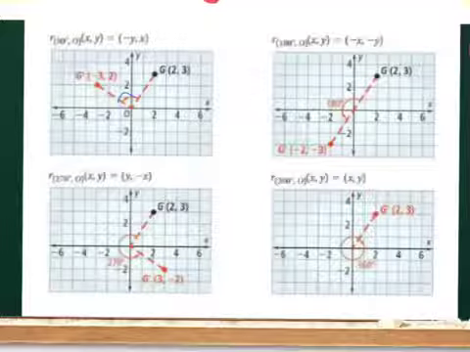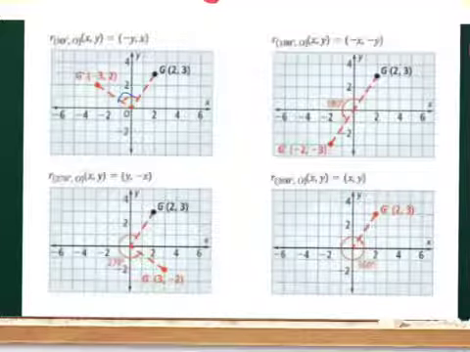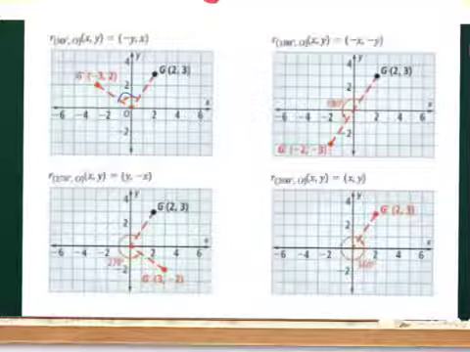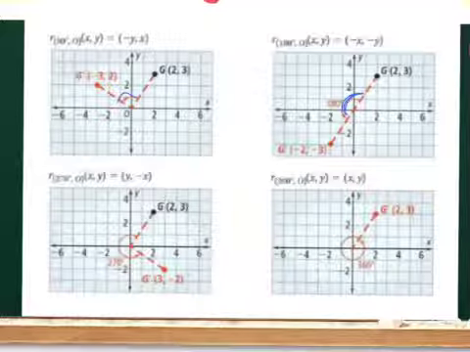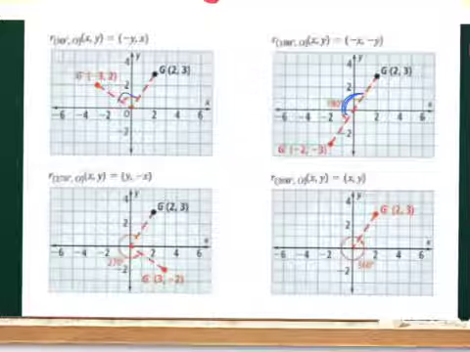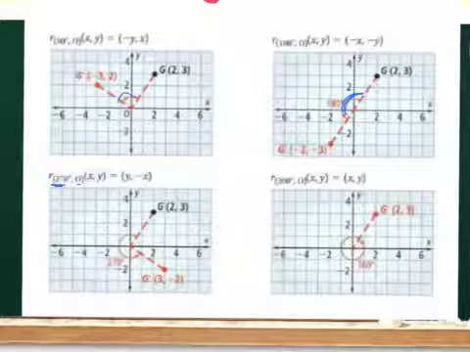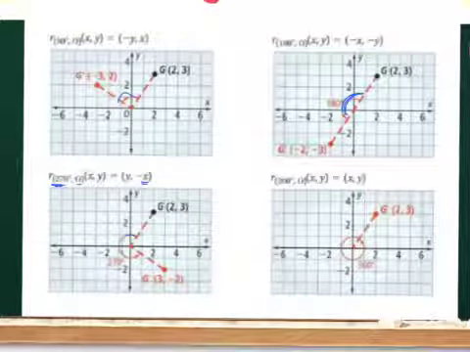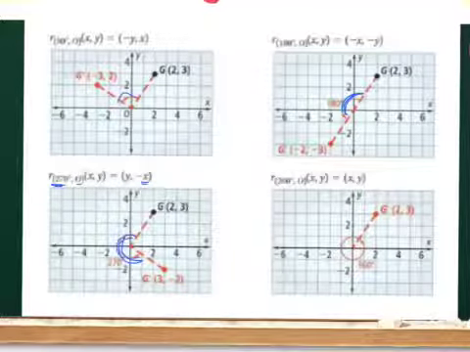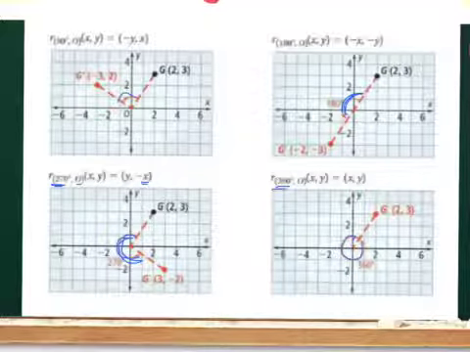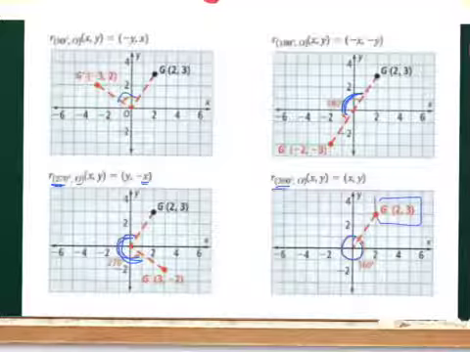Here, a rotation of 180 degrees about the origin of point G, so 2, 3, you negate the x and you negate the y, and you get -2, -3, and this angle is 180 degrees, so it's a straight angle. If we're rotating it 270 degrees about the origin, we switch their places and we negate the x value. This angle measure is going to be 270 degrees. And finally, a 360 degree rotation just gets you back where you started. So G and G prime would be the same point.